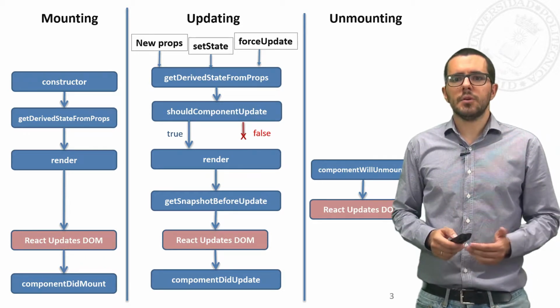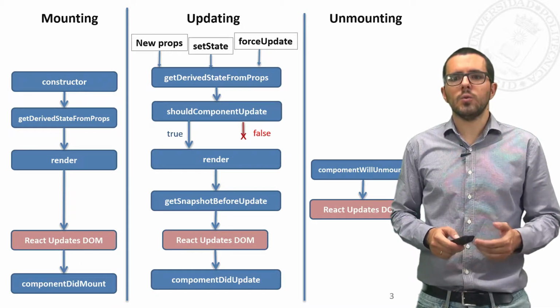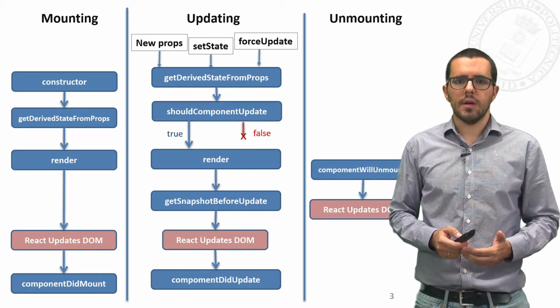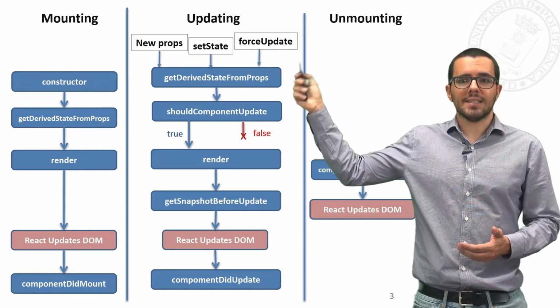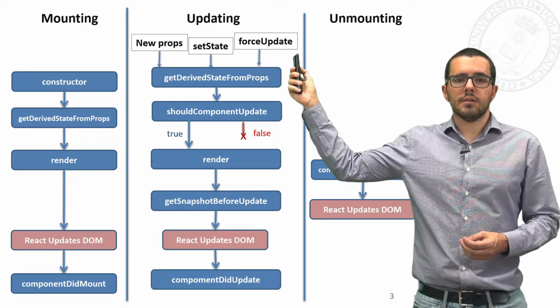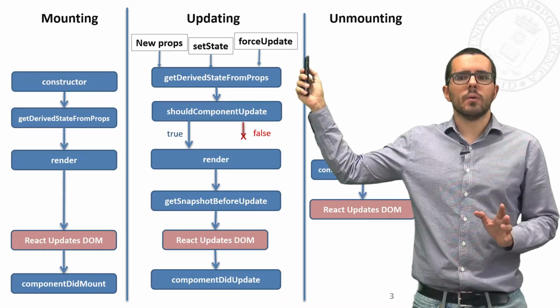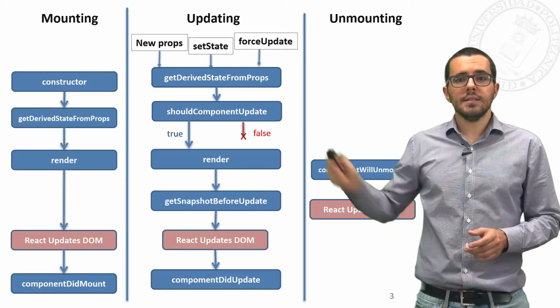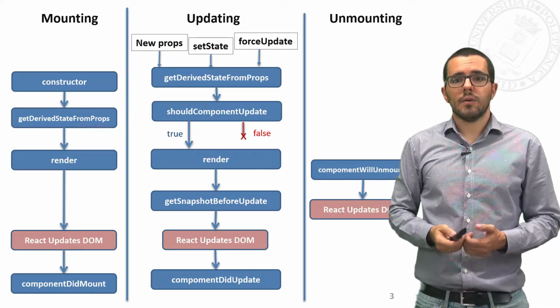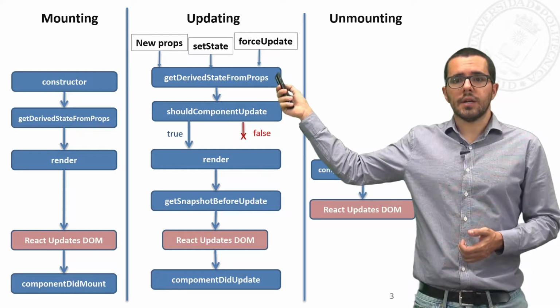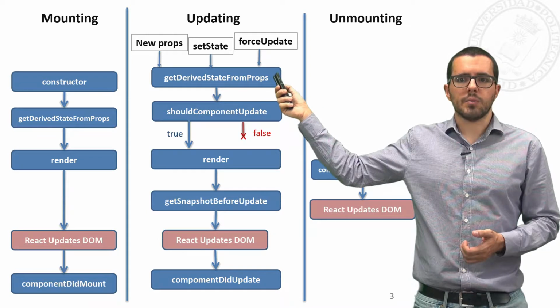What about the updating process? Well, in the first step, when do we update a React component? Well, when we receive new props, or we do a setState, or a forceUpdate, that I remind you is not very recommended. In this case, there is no constructor because the component is already created. We start here in getDerivedStateFromProps.